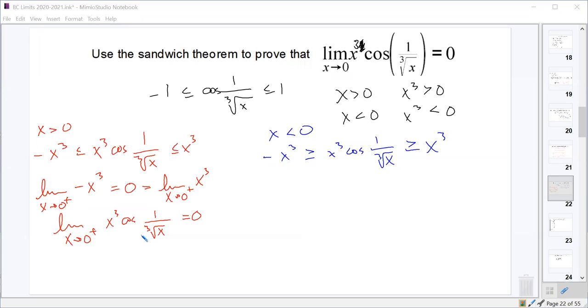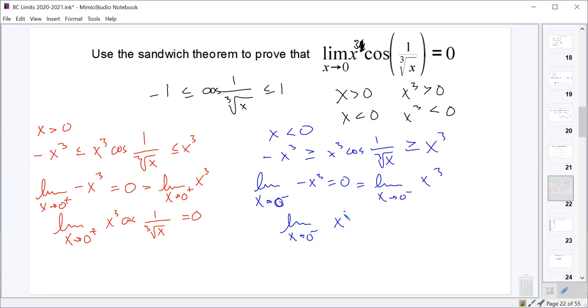But that's only the limit as x approaches 0 from the right. So then we've got to do it from the left. And that one we can only do using the left-hand limit with the one where x is less than 0. And lo and behold, those limits are both 0 from the left, telling us that by the squeeze theorem, this limit from the left is also 0.